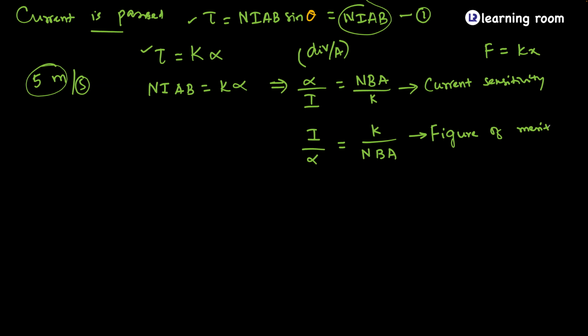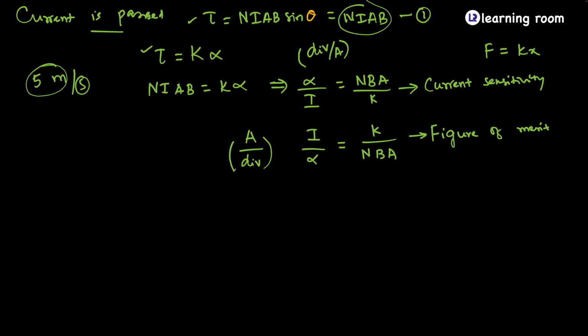If you have the half deflection method in your lab practicals, you will be learning about this concept. All that you'll be calculating is the figure of merit only. So figure of merit is basically ampere per division. See, this pointer has readings from 0 to 30, and between 0 to 10 there are 10 lines.